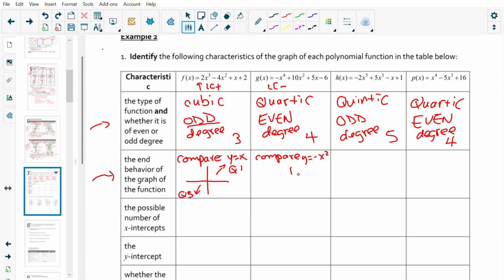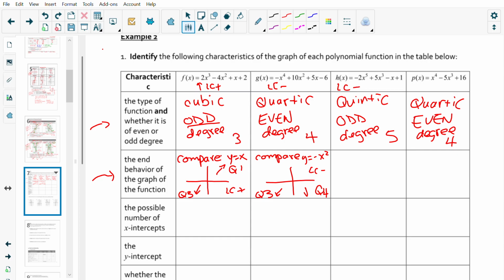Imagine a parabola that opens down like that. But we're just going to do the arrows like this. It starts in quadrant 3, ends in quadrant 4. LC is negative. This one, LC is positive. That's all I want you to show for end behavior. Compare it to its cousin graphs.